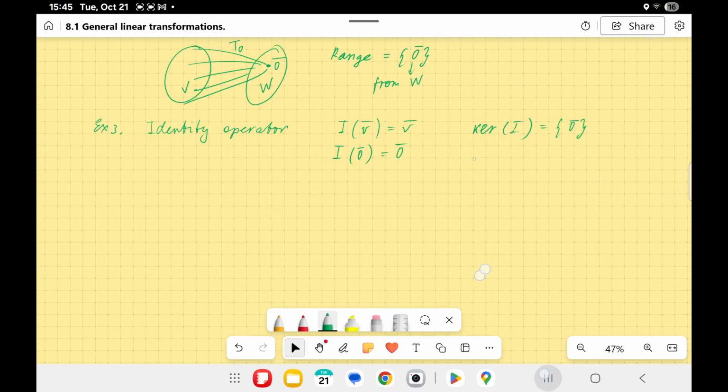Okay, what is going to be the range? Well, all vectors are going to be images of some other vectors, which are going to be themselves, right? So the range of the identity operator is equal to all space V. Kernel is 0 and range is all space V. Something which is in the middle.